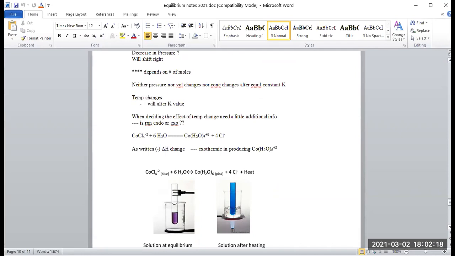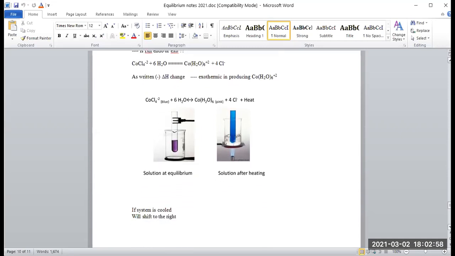If you let this go to equilibrium, you will get some aqua ligands attached to your cobalt, and you get some Cl minuses that are floating free. But this is a reaction that is, as written, exothermic. Okay, it produces a little heat as a byproduct as it is going from left to right.